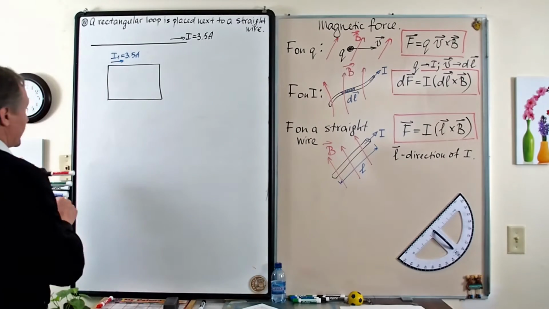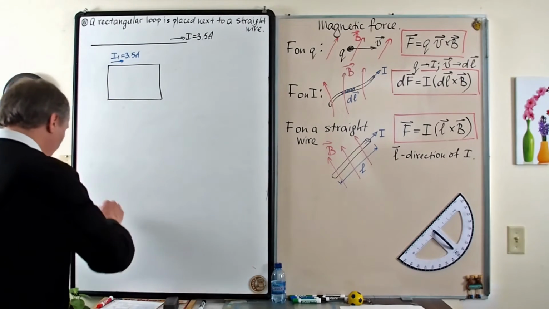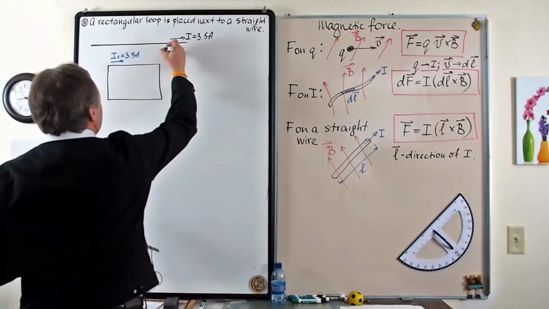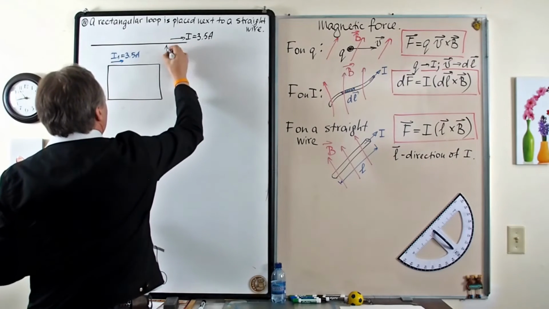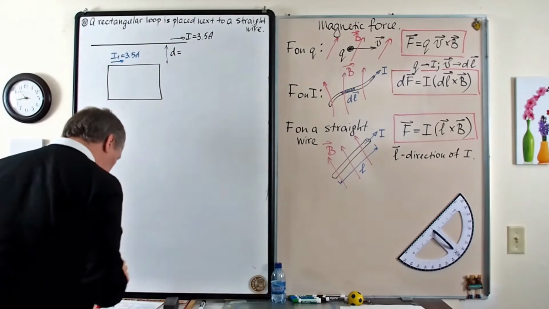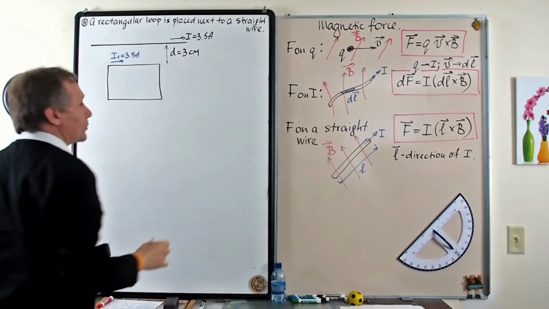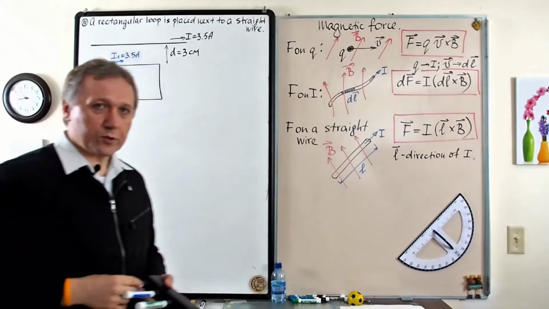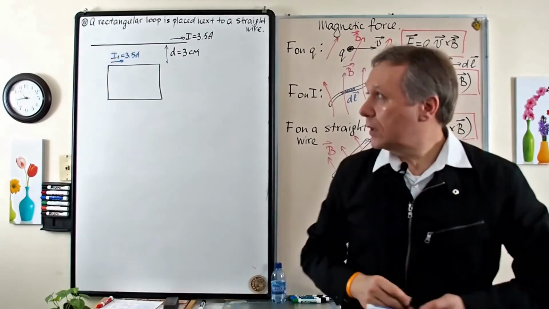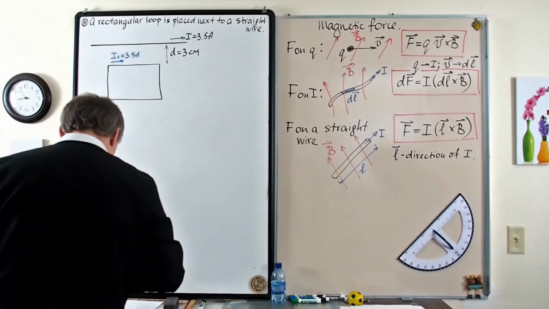Then some geometry is given. This distance is given, d, and it is equal to 3 centimeters. Yeah, by the way, this problem is not from this book. I took it from Giancoli, right? Another book. I just like this problem.